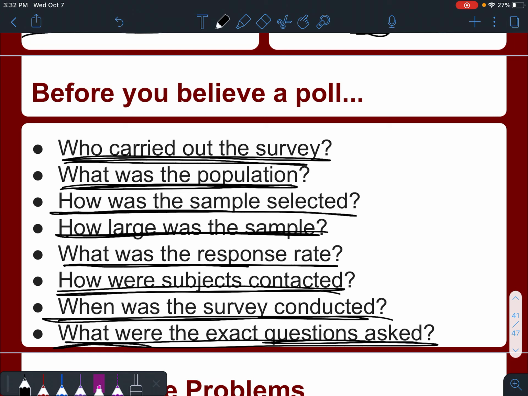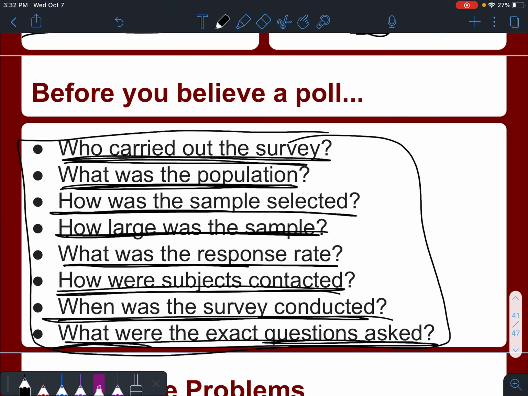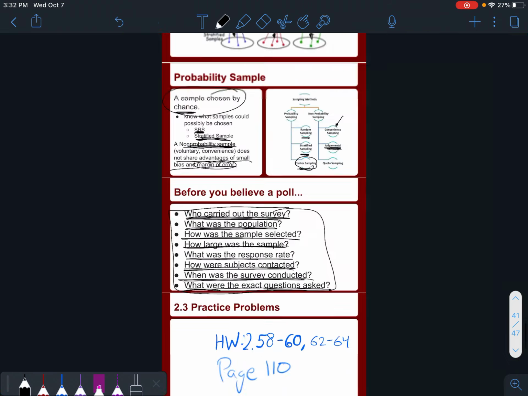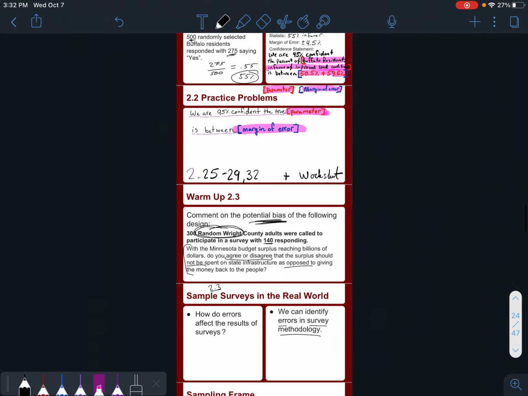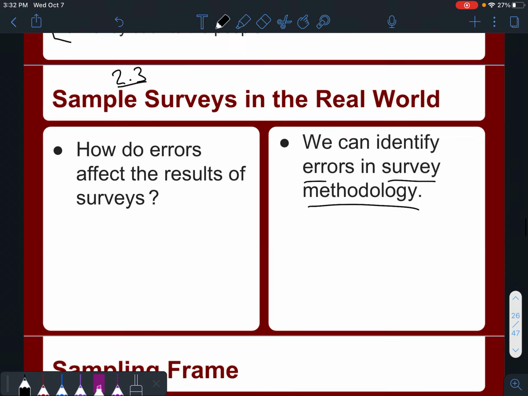So it all comes back to what I was talking about in chapter 1 when we talked about scrutinizing information that we get before we believe it. So this is what we're talking about. Ask yourself some of these questions. Look at the fine print. The fine print should be there if it's a good poll, and you should be able to find out all this exact information. So that is sampling in the real world.